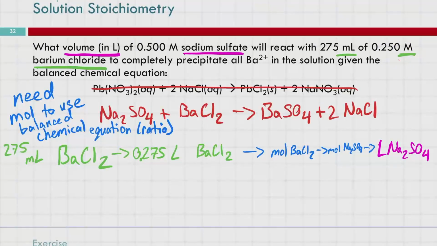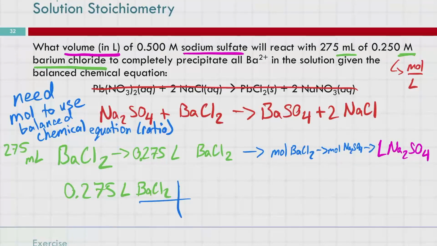Molarity is secretly moles over liters. So taking our 0.275 liters BaCl2, if we multiply by our molarity, the liters cancel, we've got moles of barium chloride.